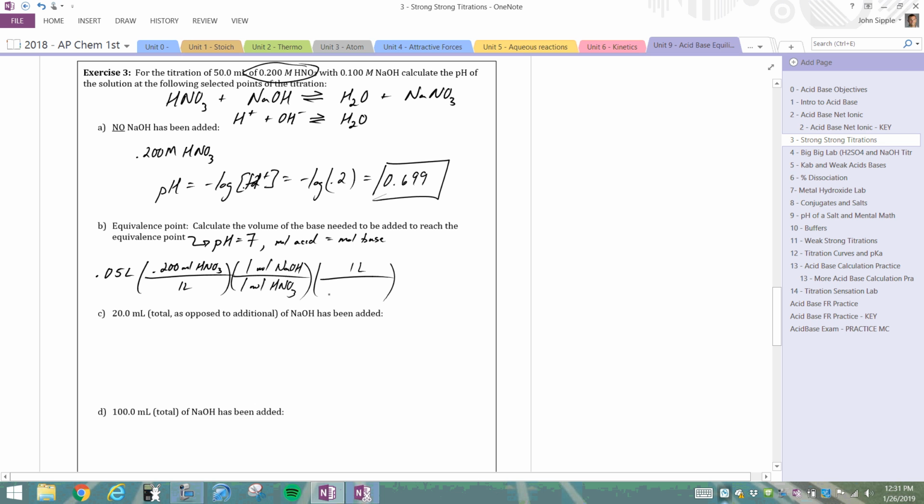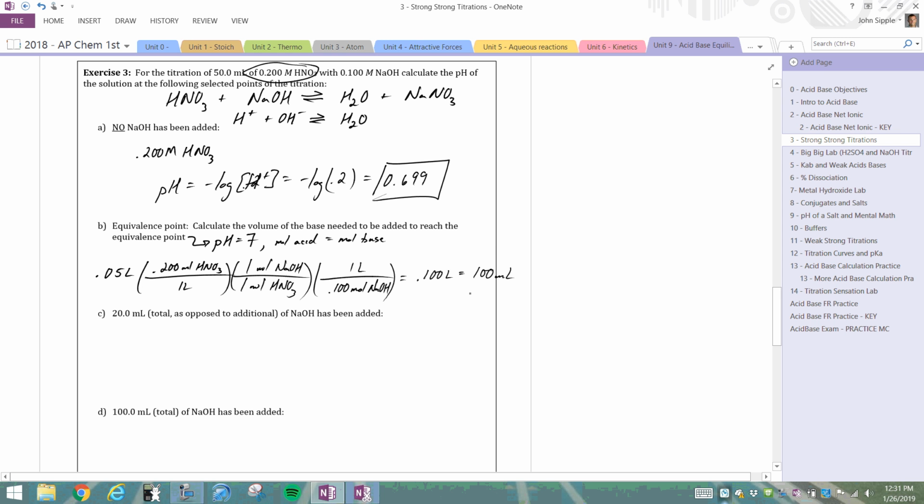The concentration is 0.1 molar, so that's 0.1 moles of sodium hydroxide for every 1 liter. So 0.05 times 0.2 divided by 0.1, you end up with 0.100 liters, which is 100 milliliters.